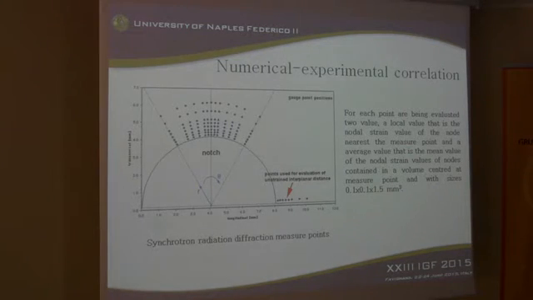Also for the synchrotron radiation diffraction measurement, we have 2 numerical evaluation values, local and average. In this case, the size of the gauge volume is 0.5 millimeters.